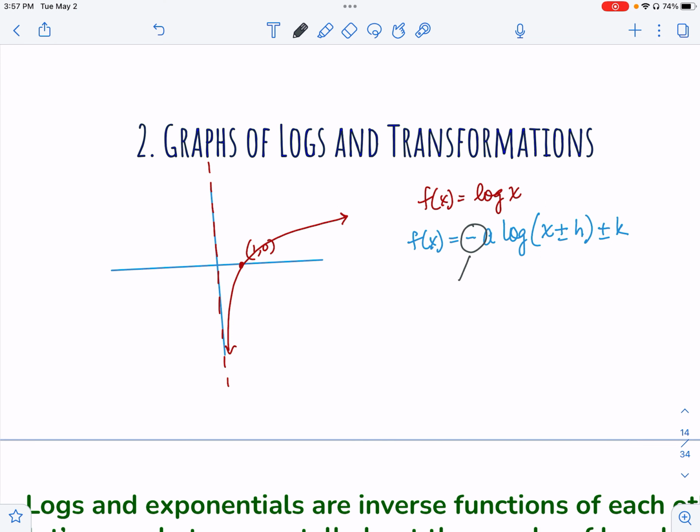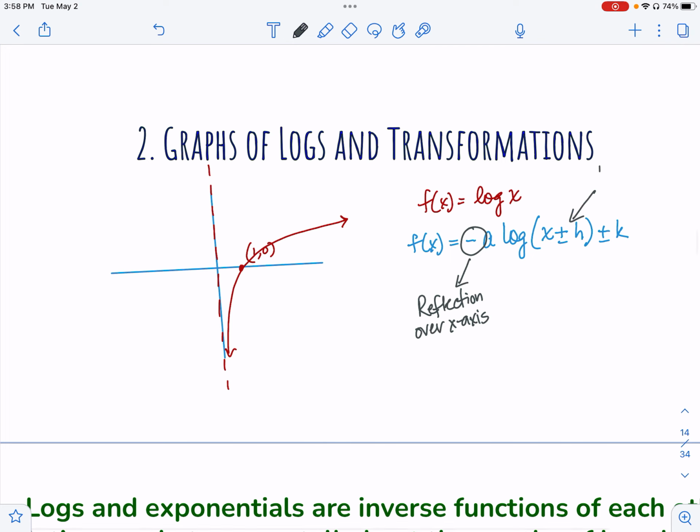Like this negative, for example, is responsible for reflection, vertical reflection basically, reflection over x-axis. A plus minus here, that's with the x, is responsible for a horizontal shift. The horizontal shift is backwards, which means plus would make the graph shift to the left, minus would make it shift to the right.